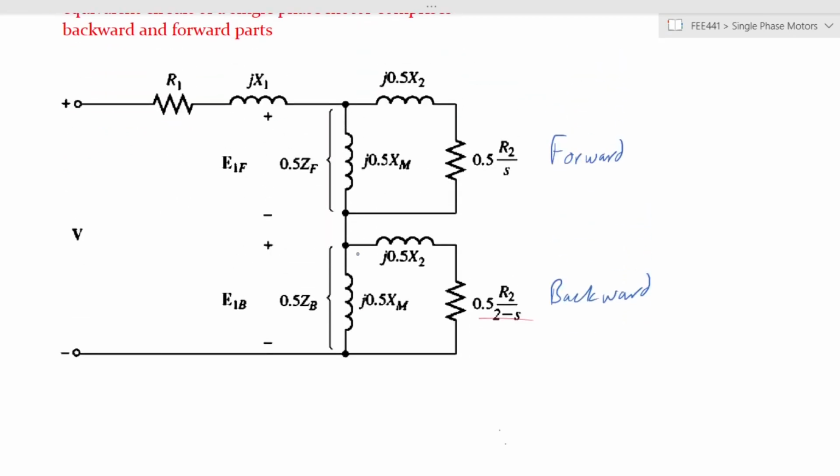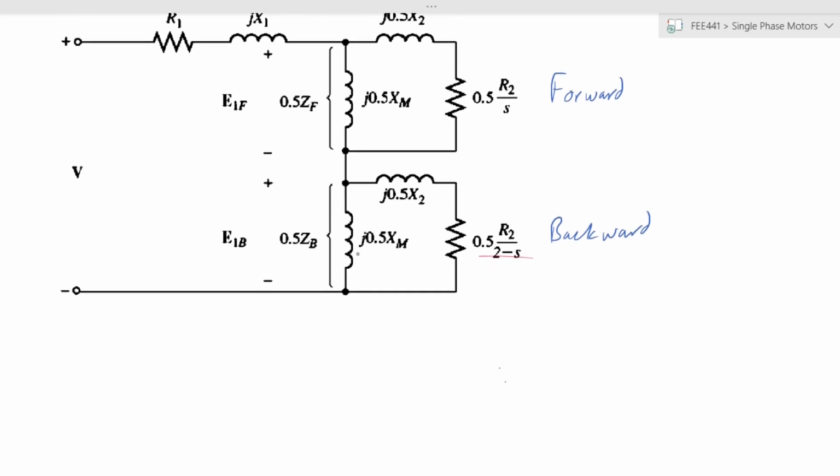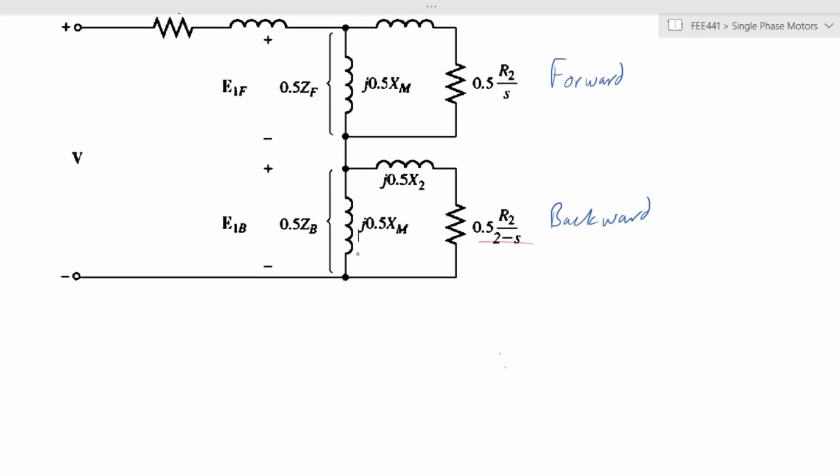When we look at these arms that are introduced, we take into account the forward and backward characteristics of the two.